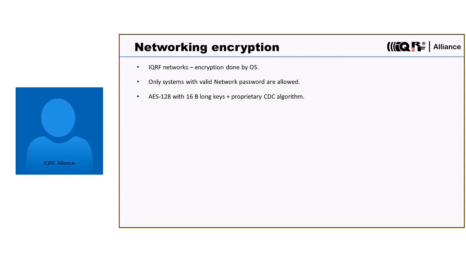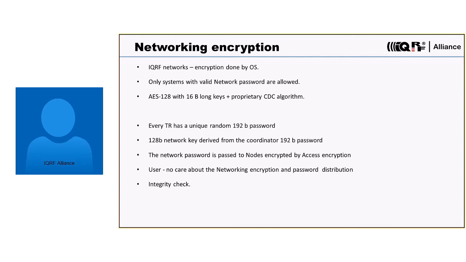Then once you have the network set up, the operating system is actually using the encryption of the networking. And actually, you don't care about it at all. Again, it's based on AES-128 16-byte long keys, and there's even an extra proprietary algorithm.